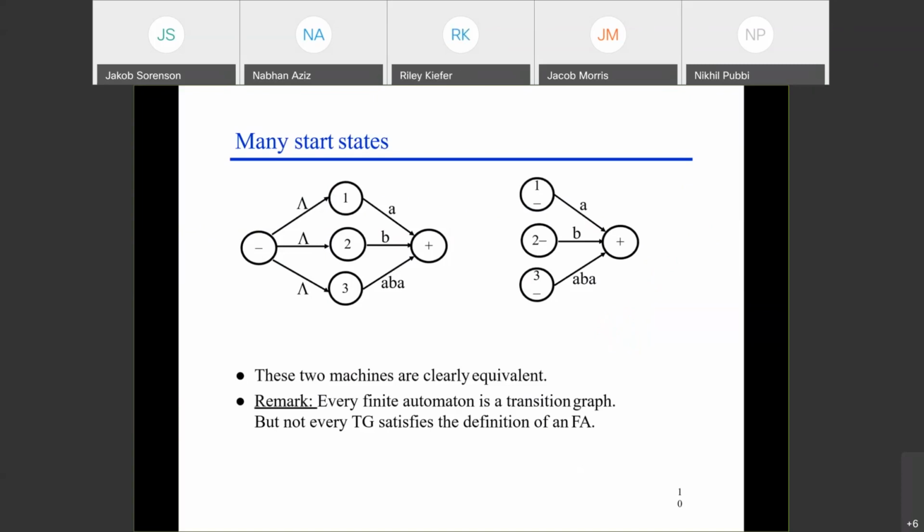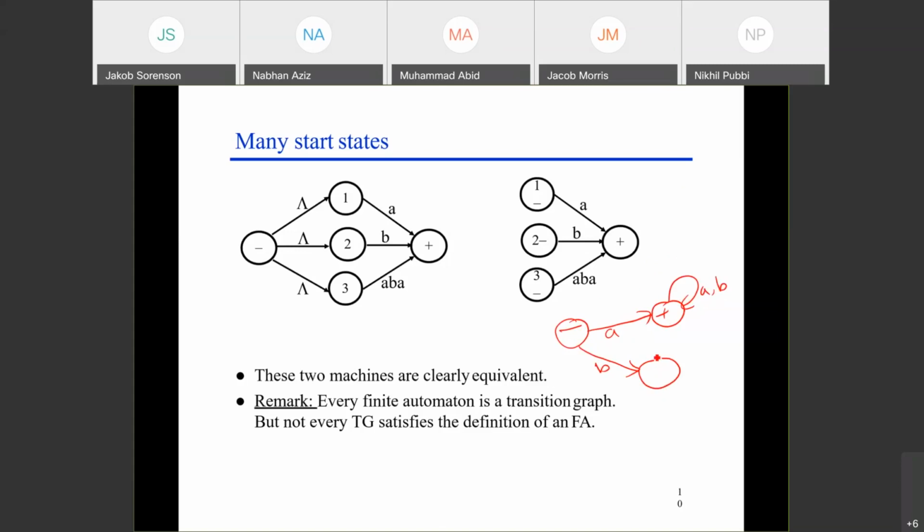Now I draw one machine in front of you. This machine has a start state, and all words start from A and reach the final state, and then we don't care what is going on, A and B. If the word starts with B, it should go to the garbage, and that's it.